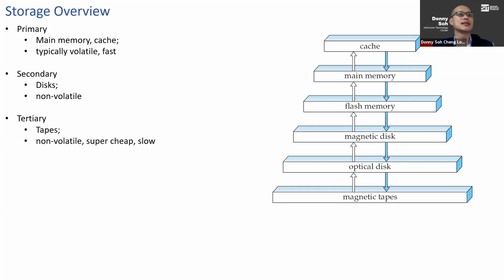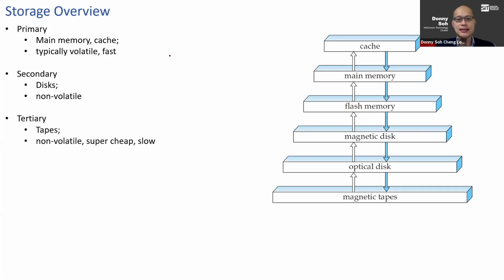Of course, we understand these are the three so-called forms of storage: primary storage, secondary storage, and tertiary storage. Tertiary storage is the slowest to get your data back from, followed by disks, and then primary memory.